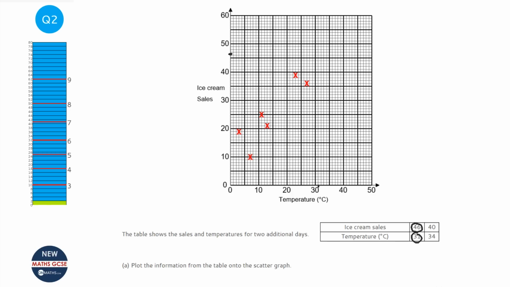And just check that you're looking at the scale correctly. So we're looking about here. Okay, next one, ice cream sales 40, which is here on the scale, and temperature 34, which is here. So we've just got to be careful, and it's about there. So those are the two plots that we want to take.